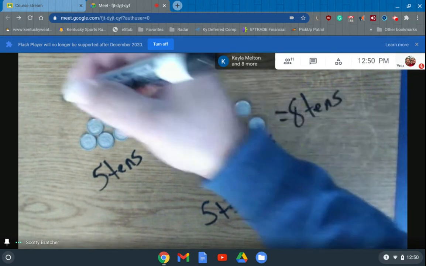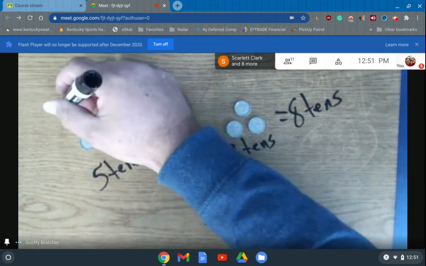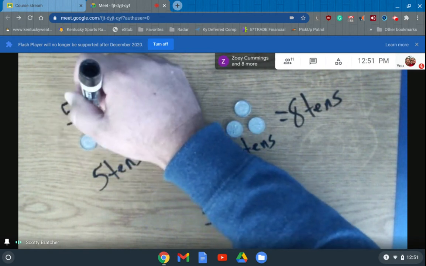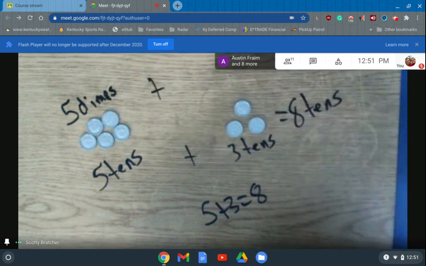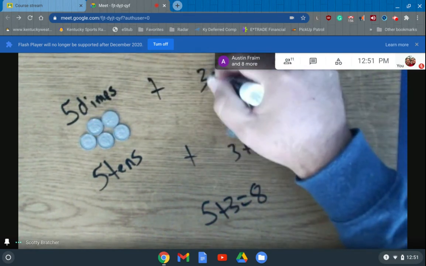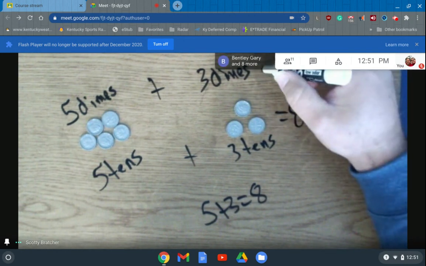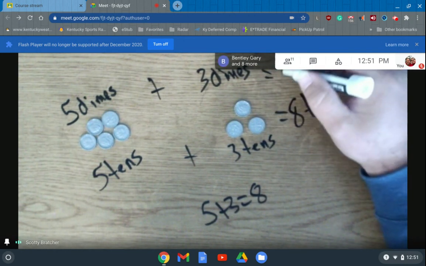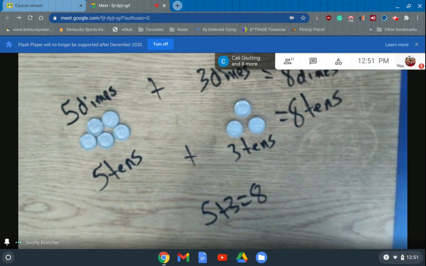Okay. So I'm going to go ahead and put the dimes way. 5 tens in money, that's 5 dimes. This is 3 dimes. And that together equals 8 dimes. All right.